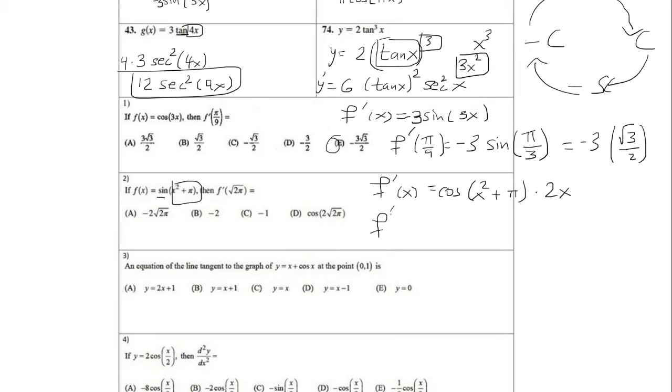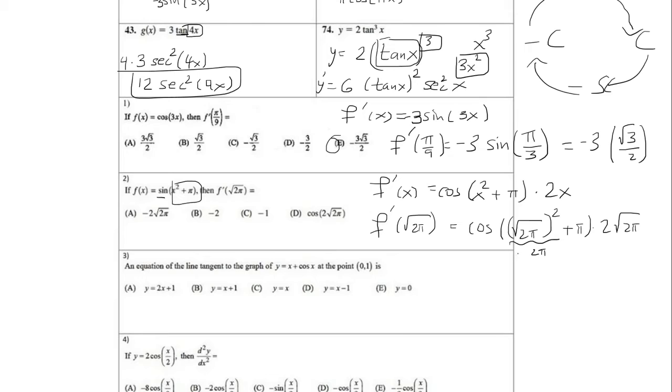Now we need to plug in the square root of 2 pi. So you have cosine, square root of 2 pi squared, plus pi times 2 times the square root of 2 pi. Now, the square root of 2 pi squared is just 2 pi. So this thing is 2 pi. Now we want to add it with pi to get 3 pi.